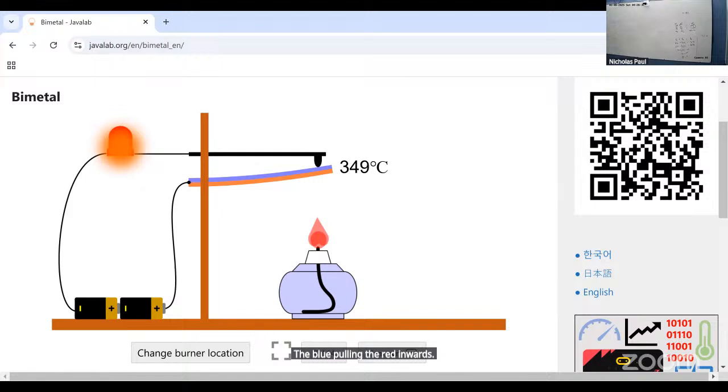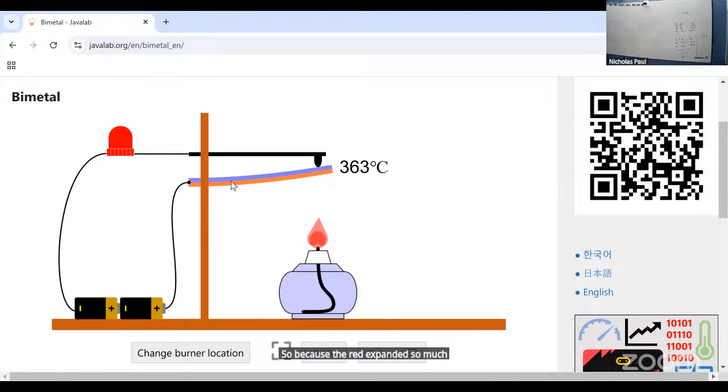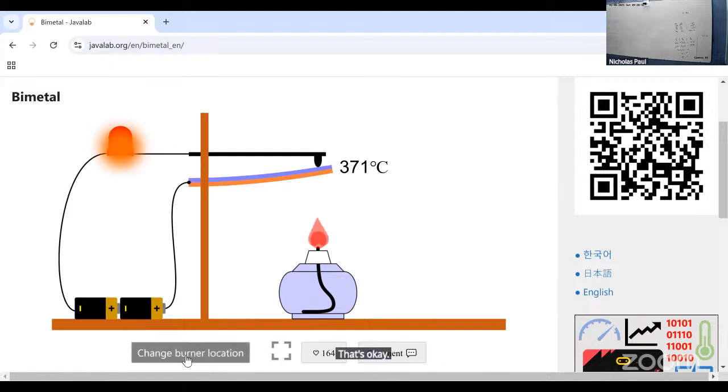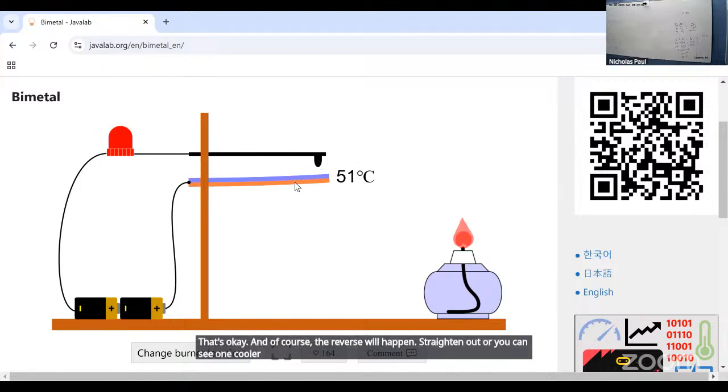So the outside, which is the red, is expanding more than the blue. Because the red is expanding so much and the blue is not expanding at that rate, the blue is being pulled inwards. That's okay? And of course, the reverse will happen. If I move it away, they go cooling back down and it will straighten out. Or you can see one cooling faster than the next.